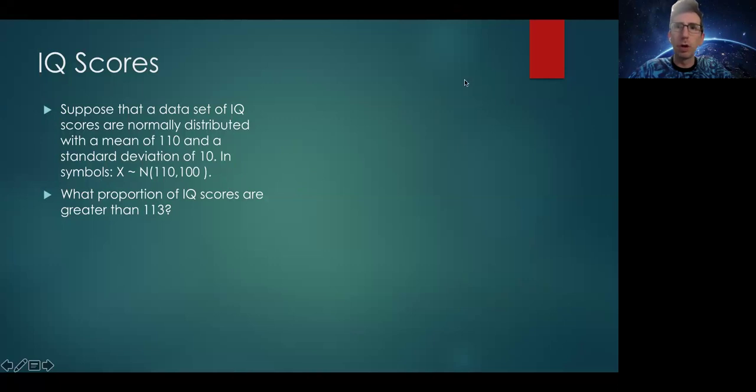Okay, so let's draw out our distribution. We're given that our mean, or our average, is 110. We have a standard deviation of 10.